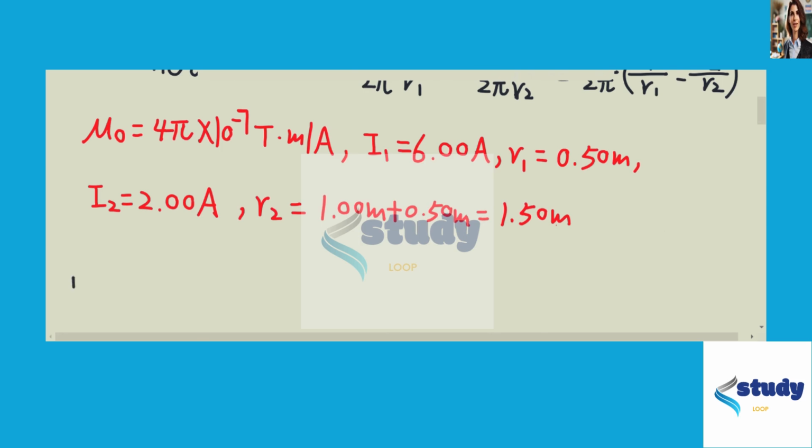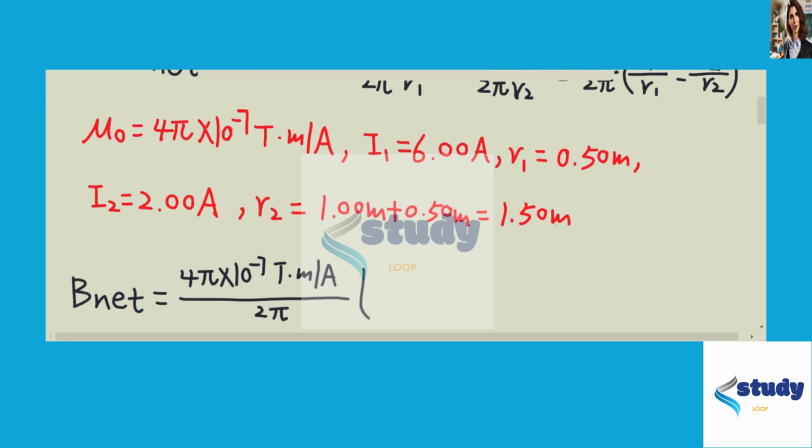So therefore, we can determine the net magnetic field at point Q, which is equal to 4 pi times 10 to the power of negative 7 Tesla meter per ampere over 2 pi, times I1, which is 6.00 ampere, over R1, which is 0.5 meter, and minus I2 over R2, which is 2.00 ampere over 1.50 meter.